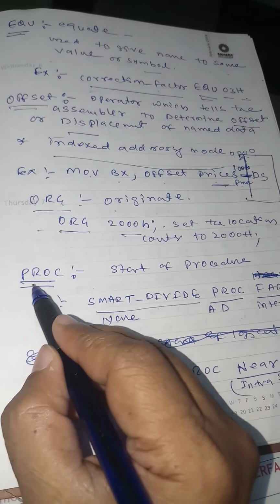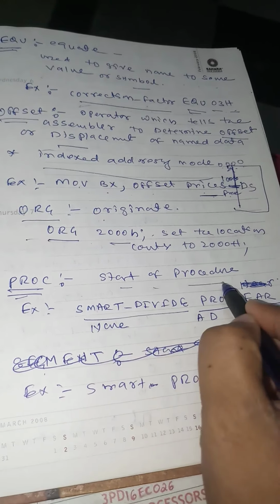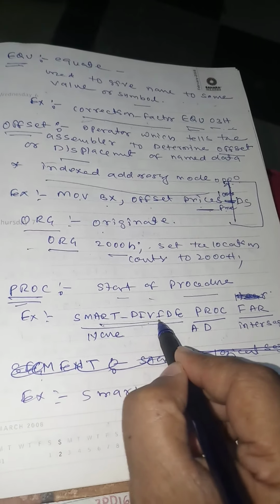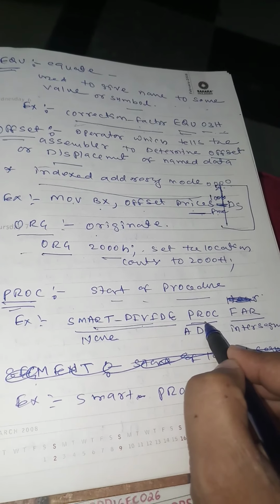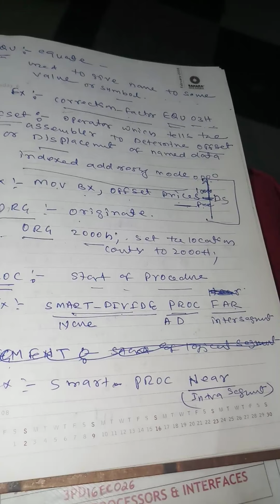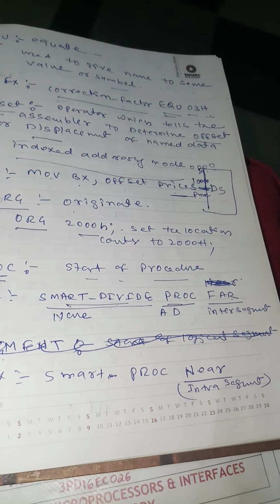One more directive is called proc. That is the start of a procedure. Let us see, smart divide is the name of the procedure, then PROC, then far. There are two types of procedures, far and near.